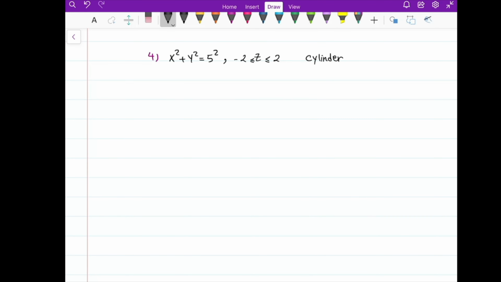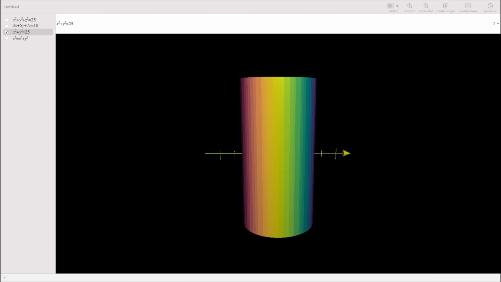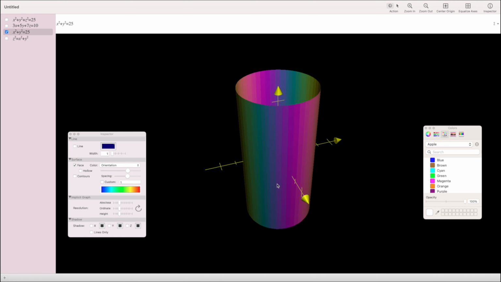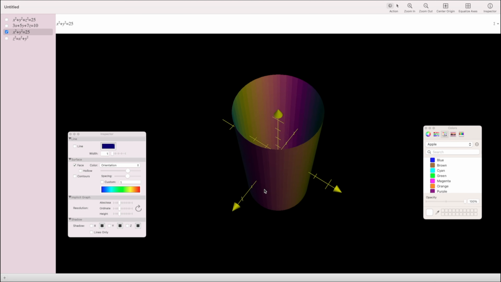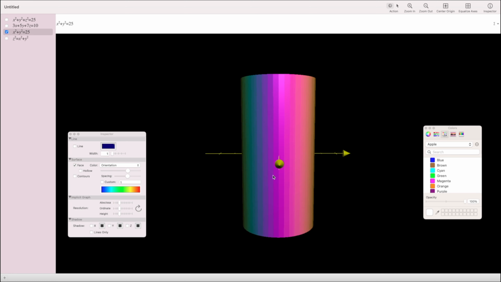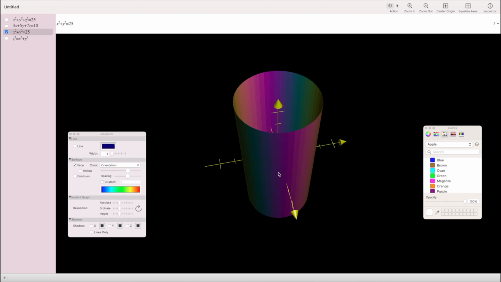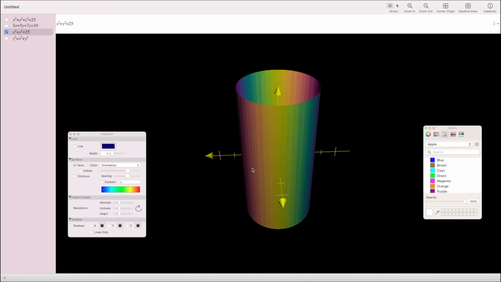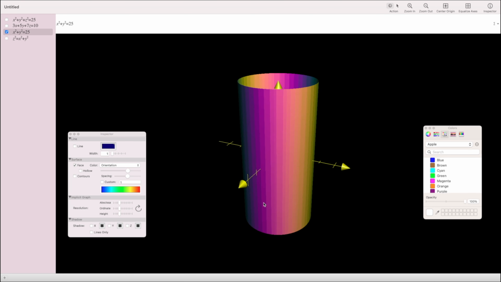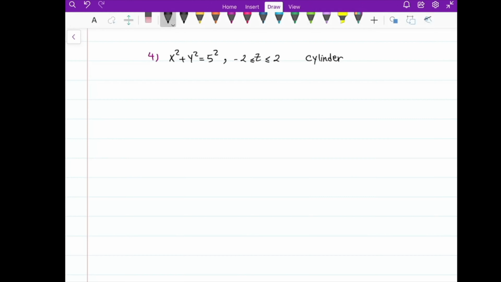Okay, let me show you the graph of this cylinder. As you see, the cylinder has the equation of a circle in the xy plane and z is free, that's why this cylinder runs along the z-axis, as you see in here. So how can we parameterize that?